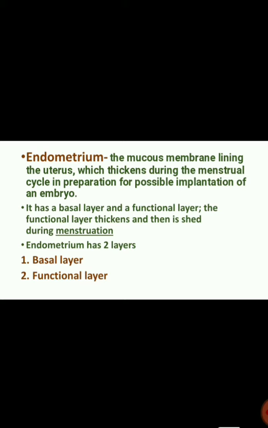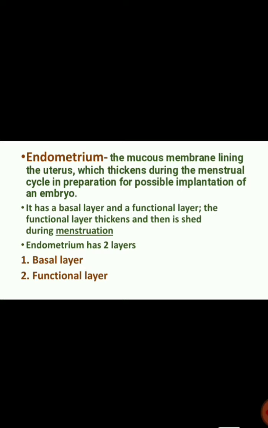Endometrium is the innermost lining of the uterine cavity, and it has two layers, the basal layer and the functional layer. This endometrium thickens in response to the ovarian hormones to prepare a bed for implantation of the embryo. If fertilization doesn't occur, this thickened endometrial layer is shed during each menstrual cycle.